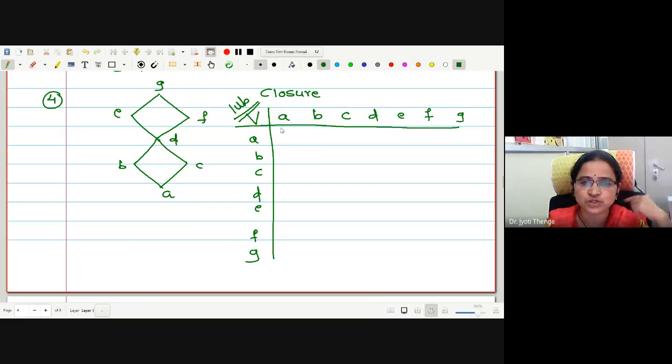First, A join A. What is A join A? Least upper bound of the pair A comma A. Can anyone answer? Students, least upper bound of A and A does not exist, correct?